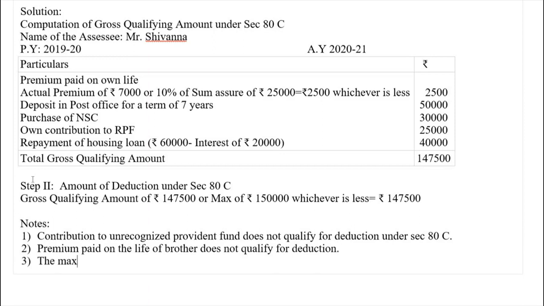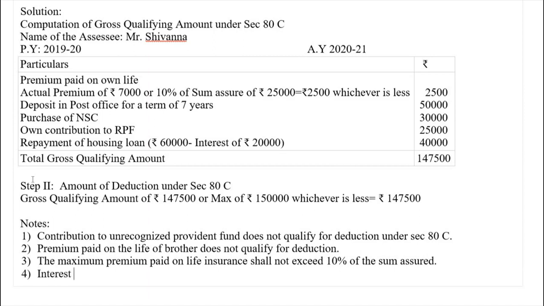Then the maximum premium paid on life insurance shall not exceed 10% of the sum assured.